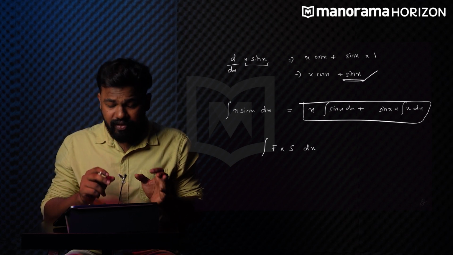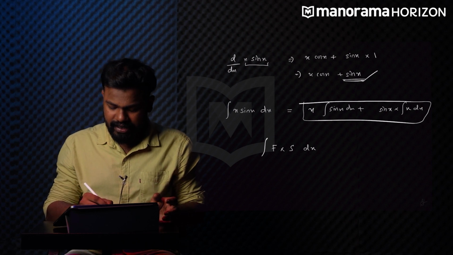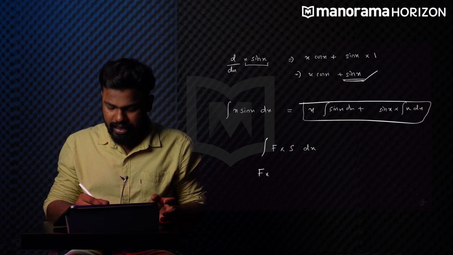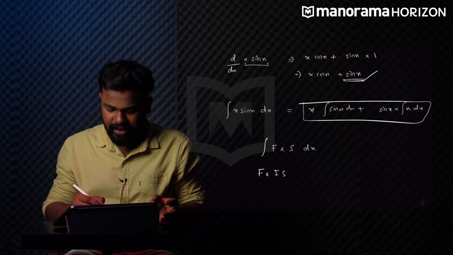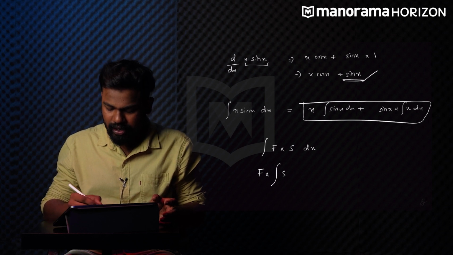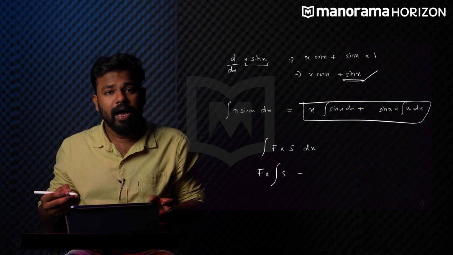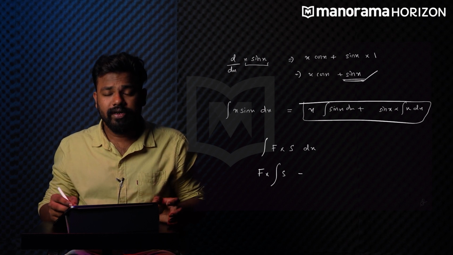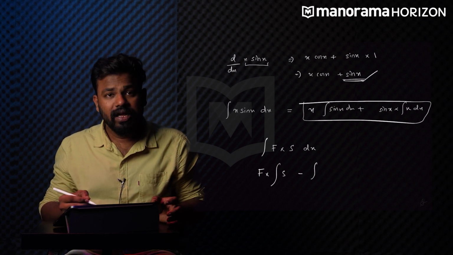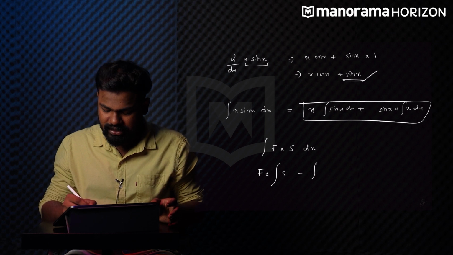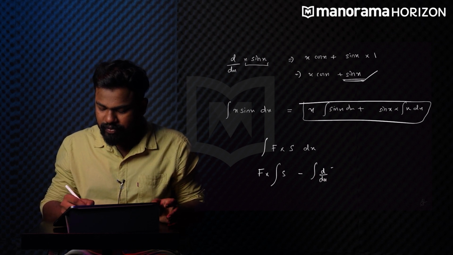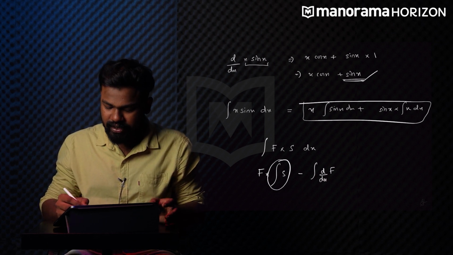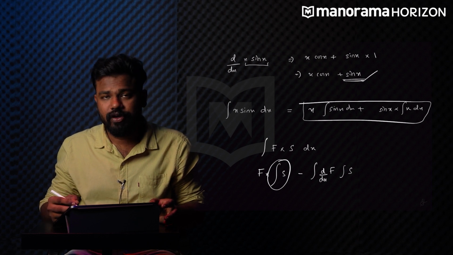Now, if I have it in this form, how to integrate? That is first function into the integral of the second function. So I'm writing it as the integral of the second function, minus the integral of the derivative of the first function into what you have written here, that is the integral of the second function.